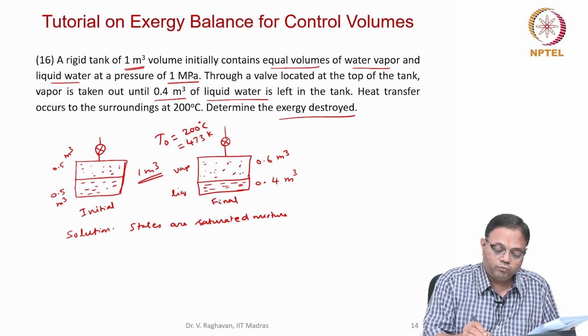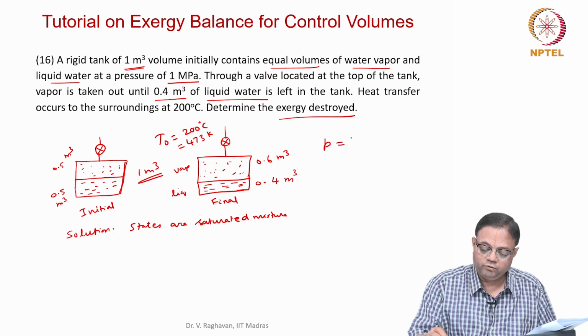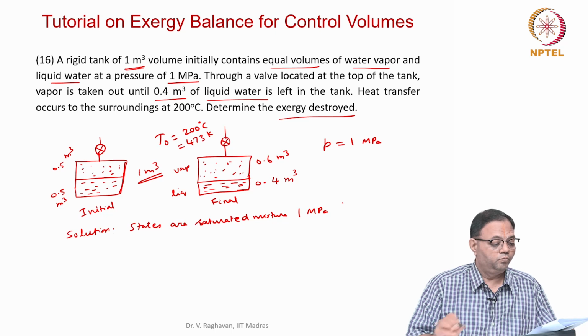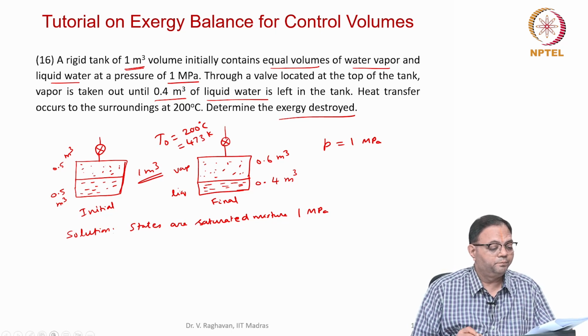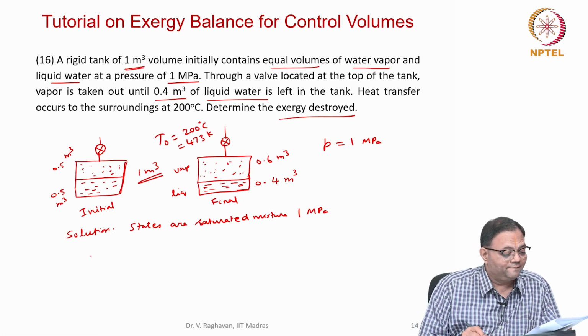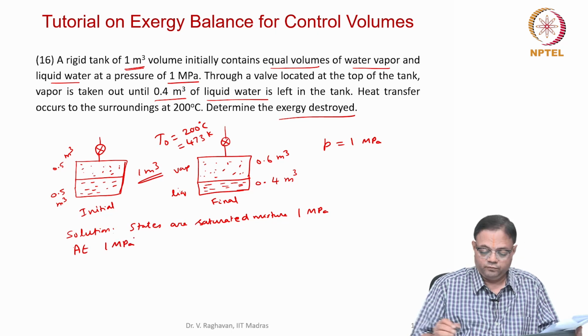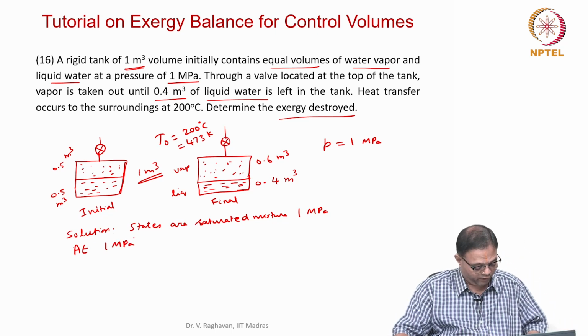And the pressure is given as 1 megapascal. So P is 1 megapascal. Now let us go to the tables. At 1 megapascal we will take the values required for us.